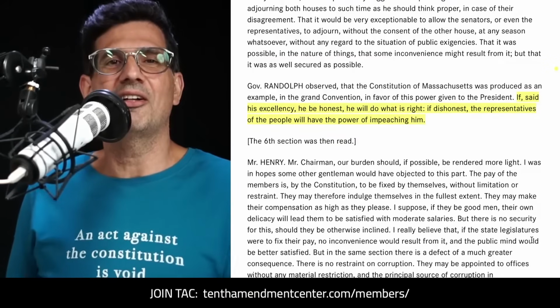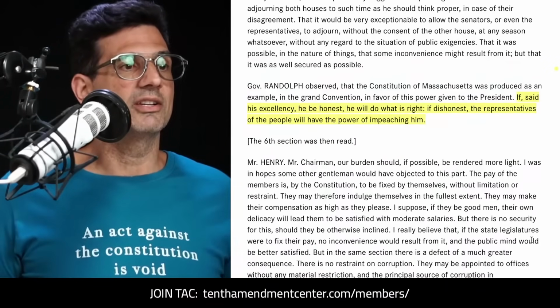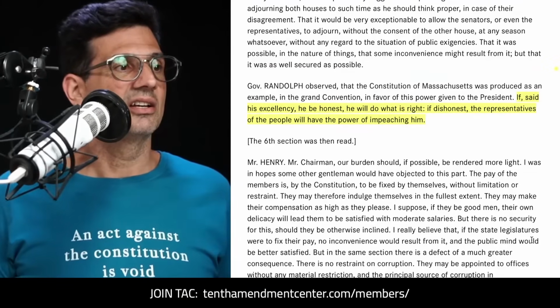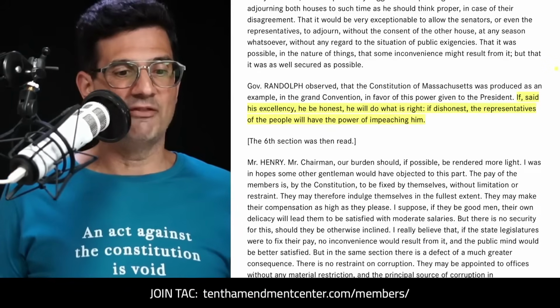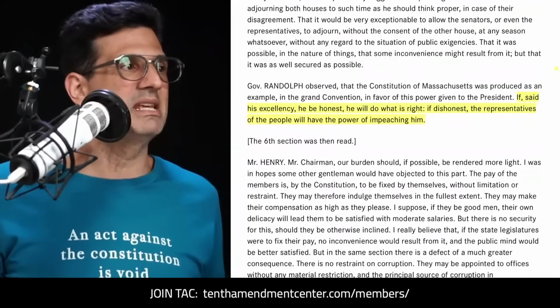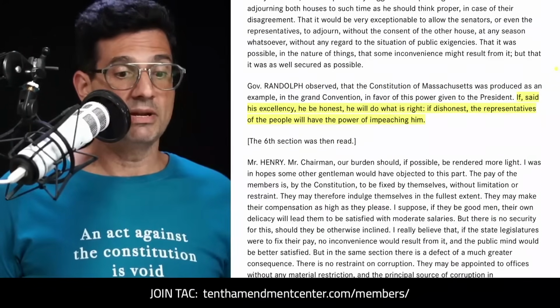He's not talking about how this plays out. "If the president is honest, he will do what is right. If dishonest, the representatives of the people will have the power of impeaching him." So just for mere dishonesty, Randolph is saying, well, they have the power to impeach him.